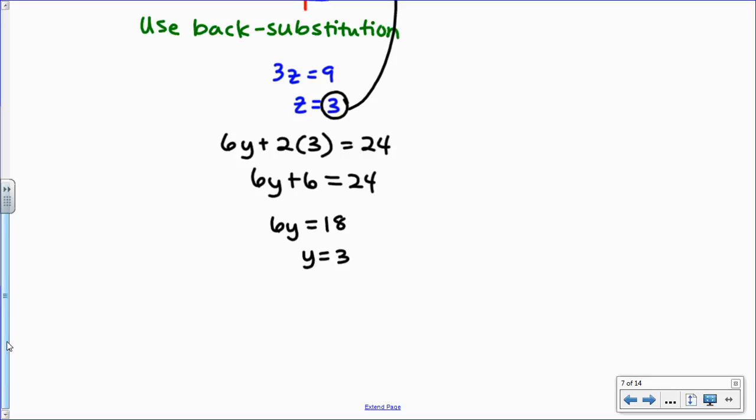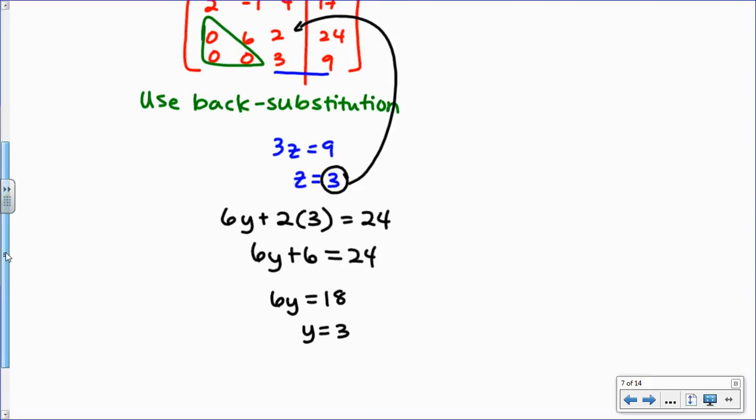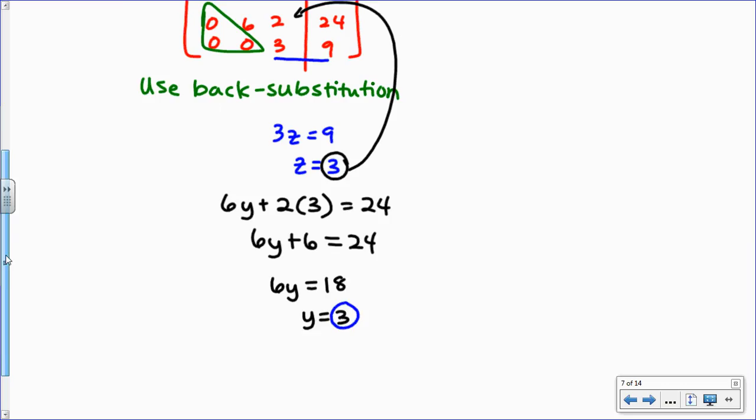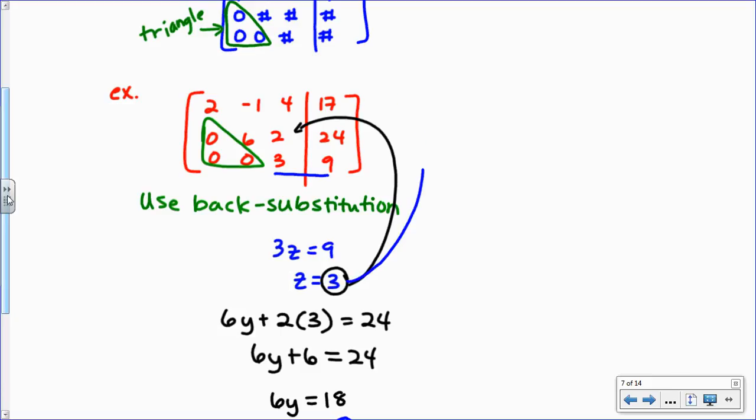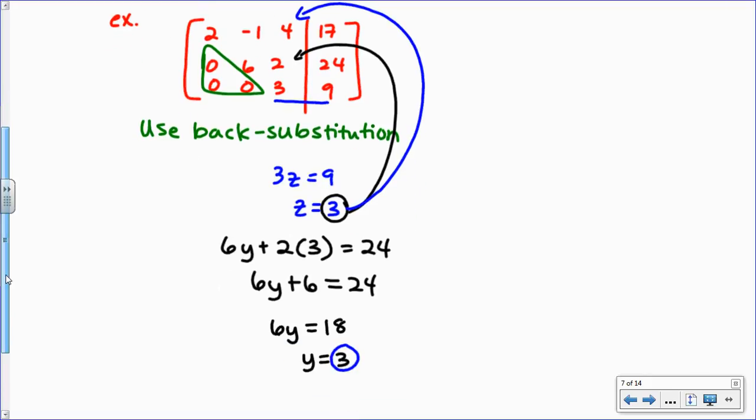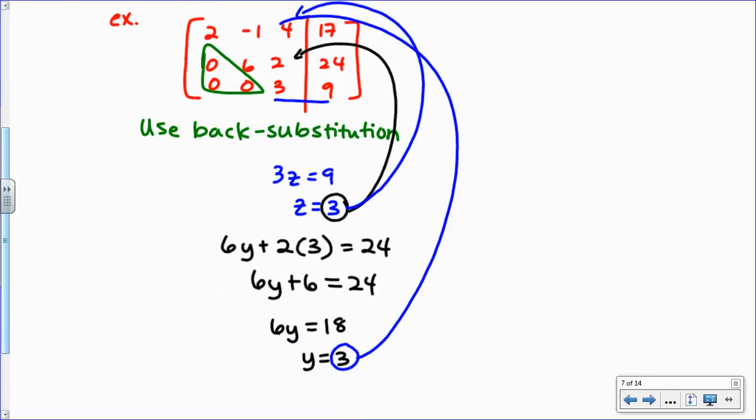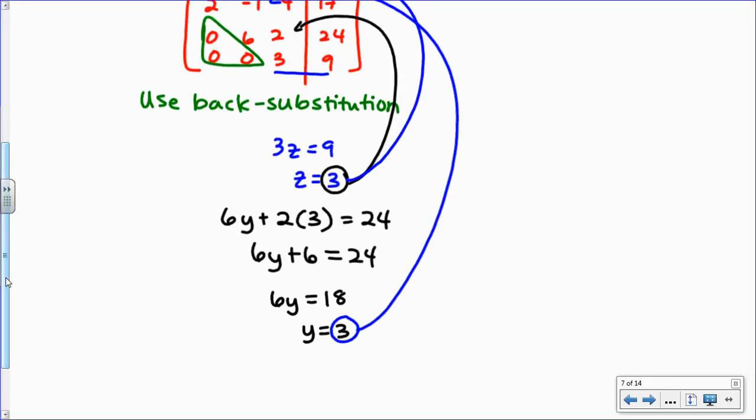And now take both of those, so plug this in for z and this in for y and find x.